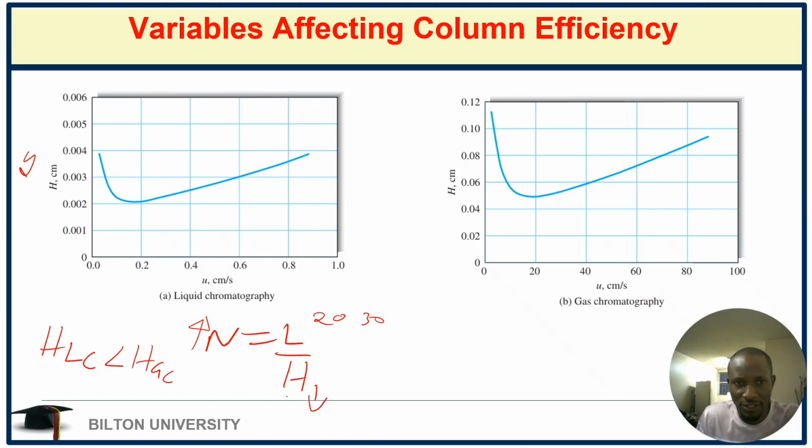The minimum is due to longitudinal diffusion. If you look at the minimal H, or the lowest plate height, the minimal H in liquid chromatography is around 0.02, while the minimal H in gas chromatography is around 0.05. So the minimum in LC is much lower than the minimum in GC. The minimum in LC takes place at a lower flow rate compared to the minimum in GC, which takes place at a larger flow rate.